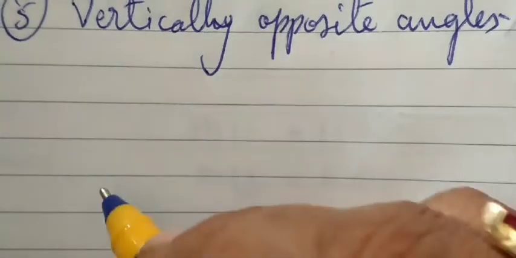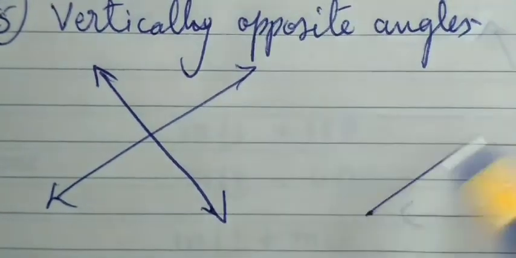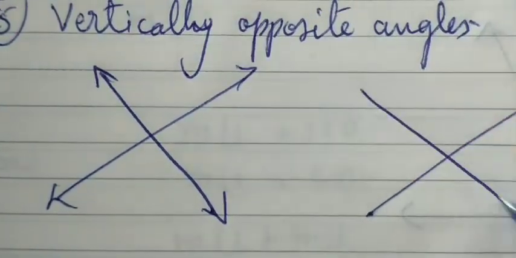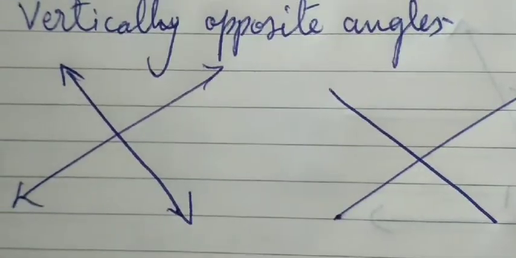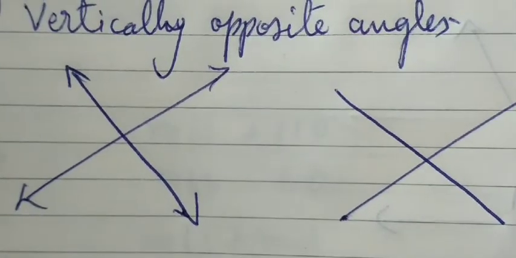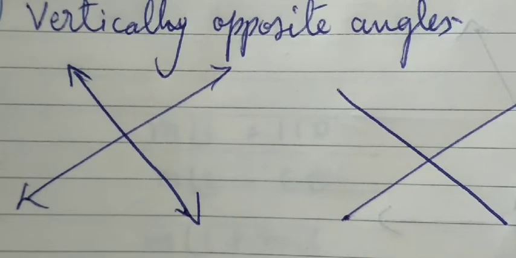When two lines intersect like this, or two line segments intersect like this, then you can find two pairs of vertically opposite angles in each case.